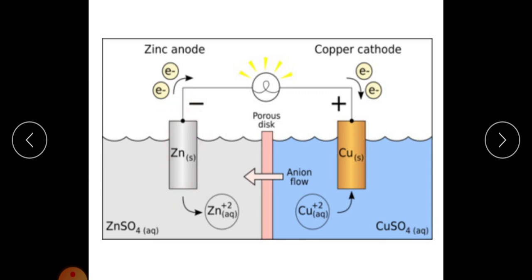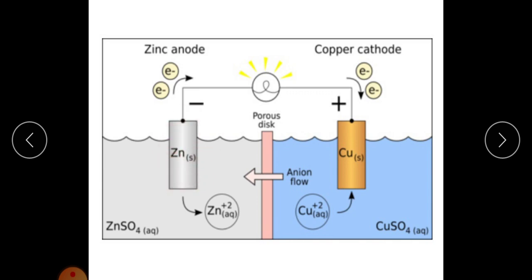This Zn electrode acts as an anode and goes into the solution with the liberation of two electrons. This is an oxidation process. When the Zn loses two electrons, this process is called oxidation. This is a de-electronation process.